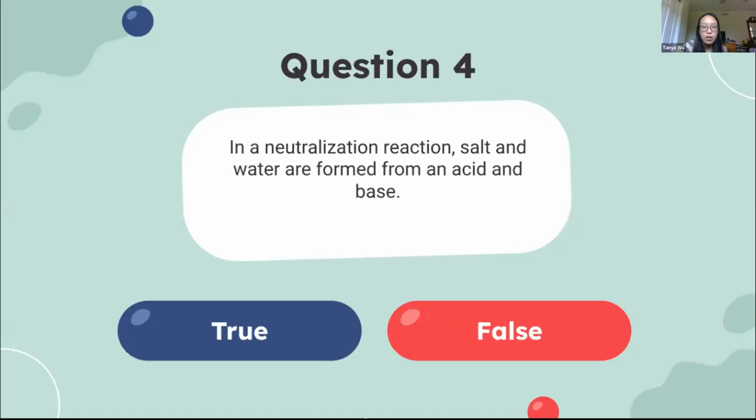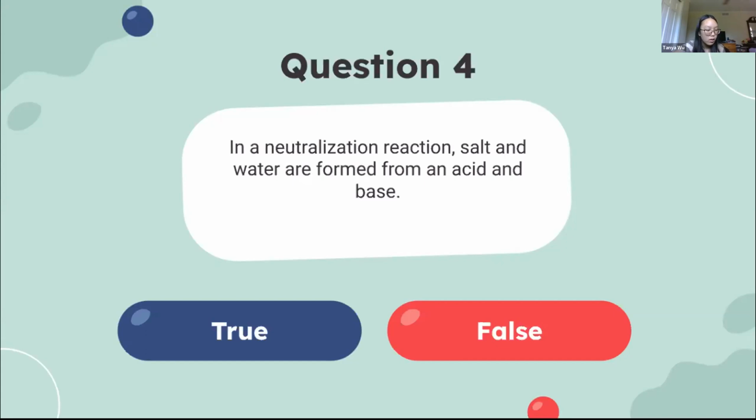Okay, number 4. Okay, this one is true because when an acid and a base react, they form water.